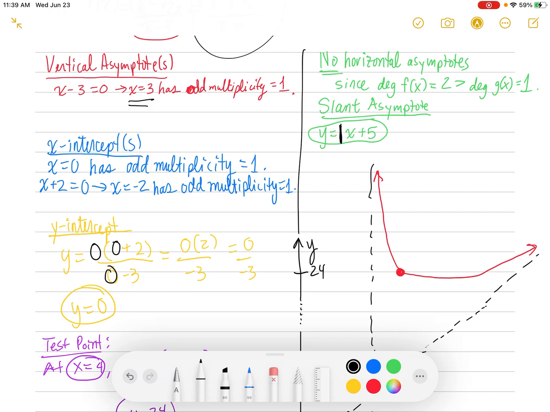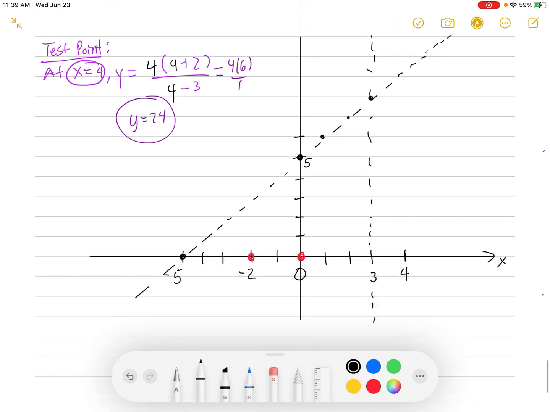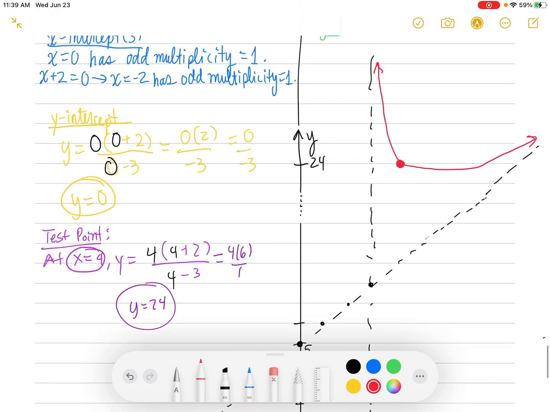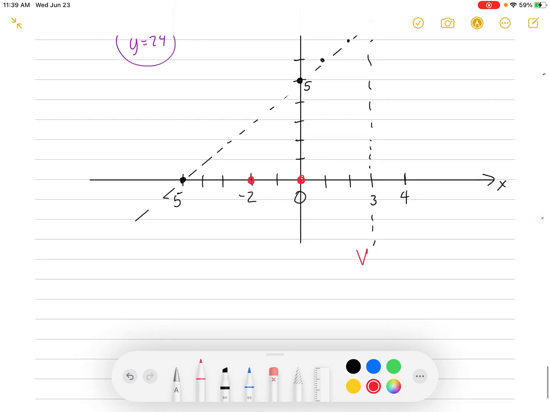Now, what's it doing on the other side of the vertical asymptote at 3? Well, check on your vertical asymptote at 3. At x equals 3, the vertical asymptote had an odd multiplicity, so it's going to have opposite orientation about that vertical asymptote at 3.